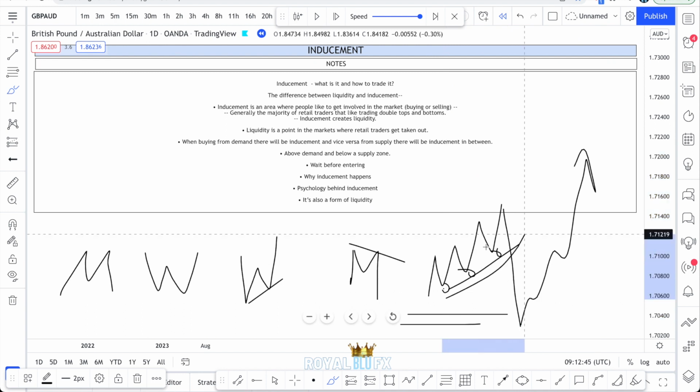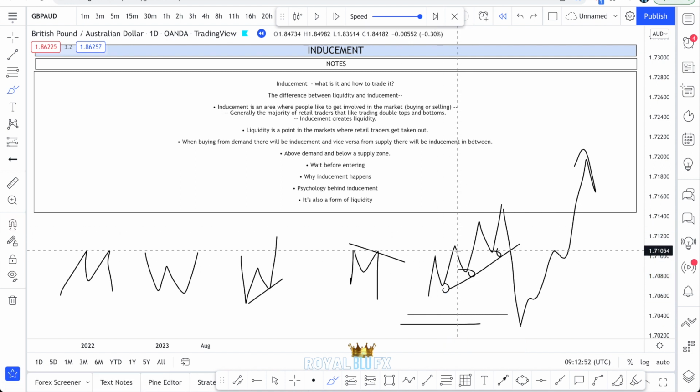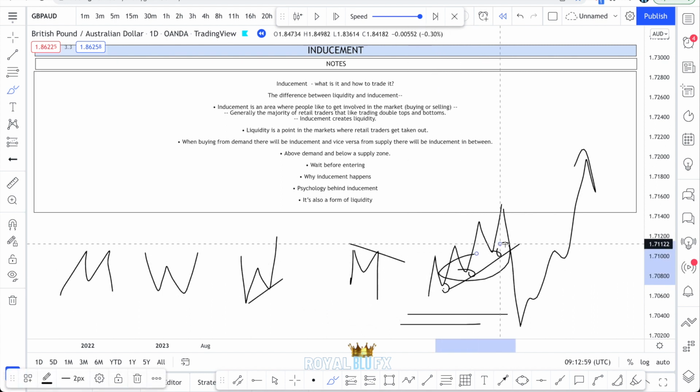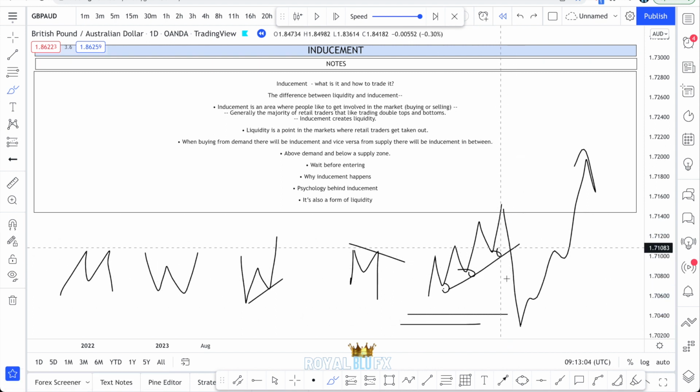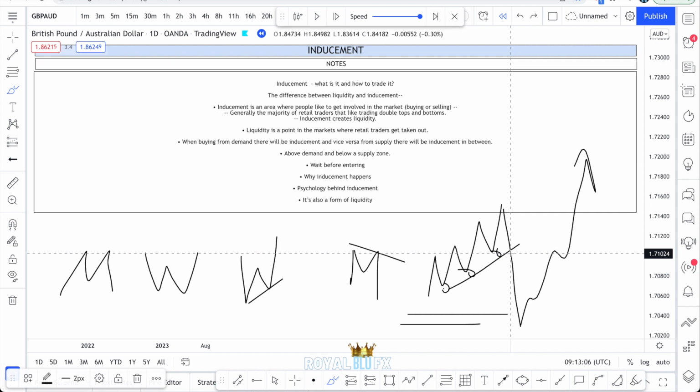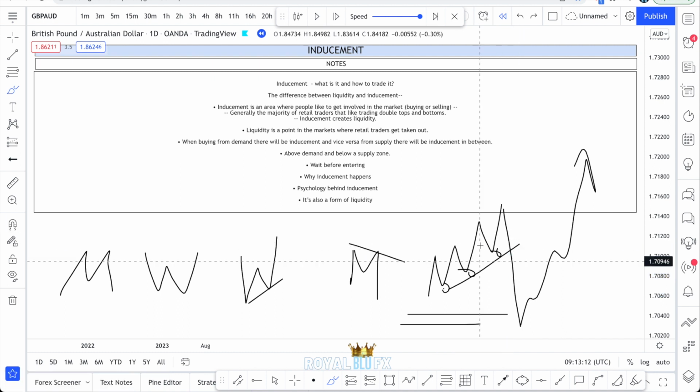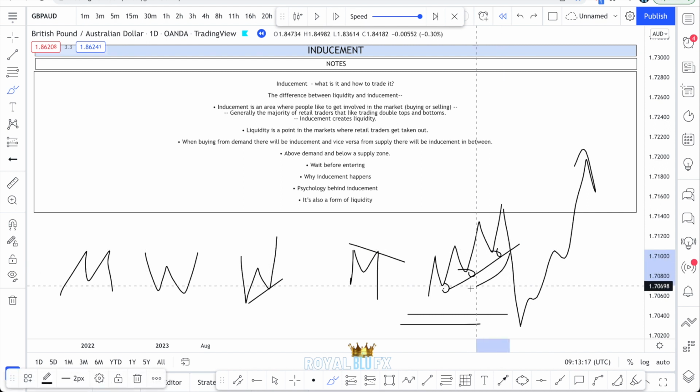So all this action by the banks is essentially inducing traders, like buyers in this case, to buy early in the market before the market takes them out. The market essentially creates all this inducement for the buyers, and then after this whole formation has finished, we call this liquidity.